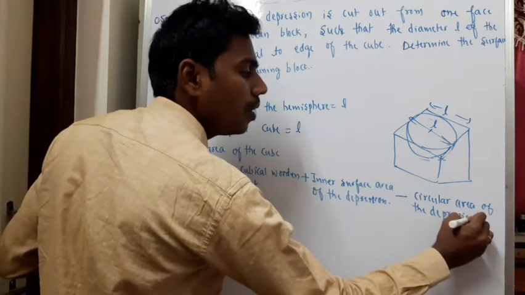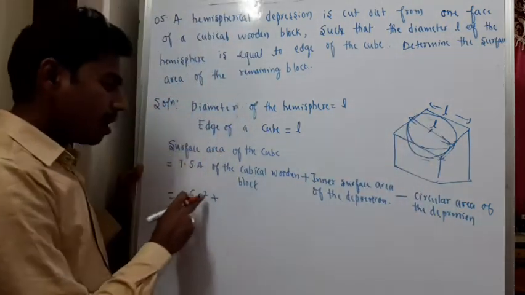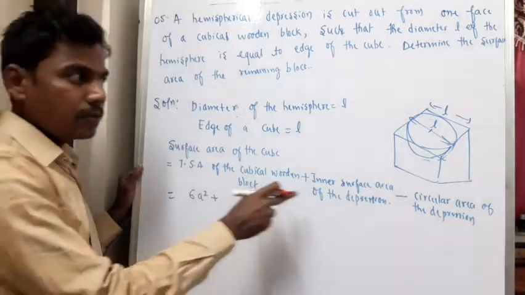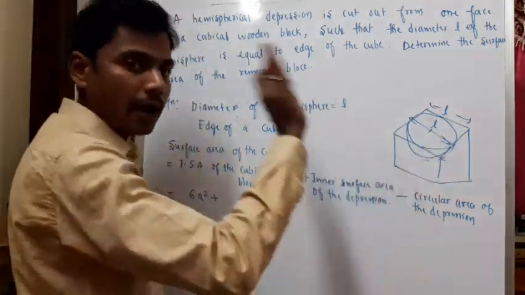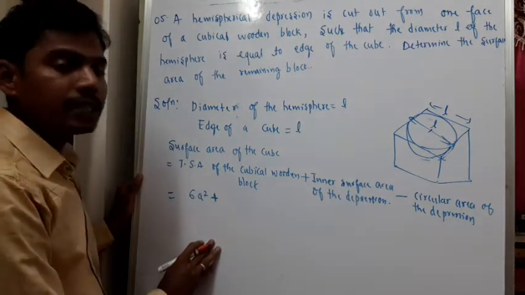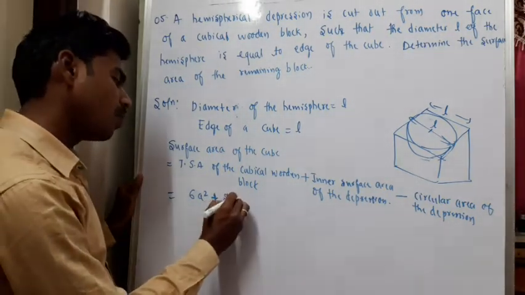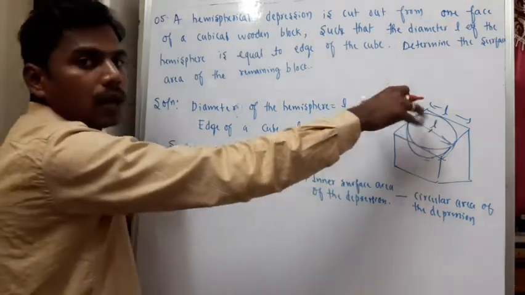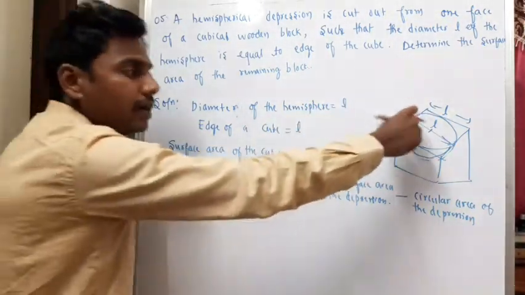We need to remove that, because when I calculated the total surface area of the wooden block, I covered this one, so I need to remove it. Okay, 6a square plus the inner surface area of the depression, which will be 2 pi r square, because this is hollow. If it were complete, I would have covered this one also.